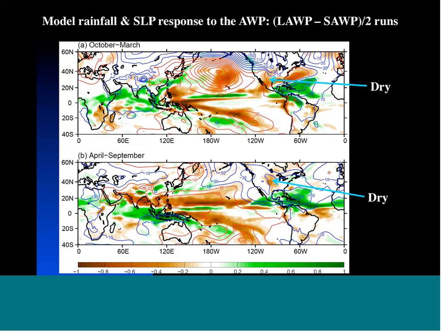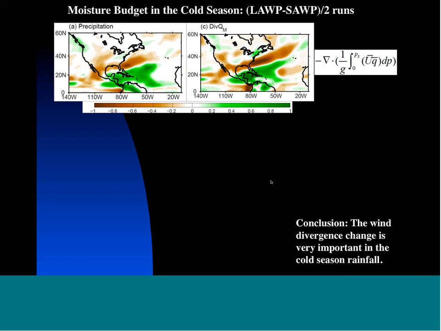However, during the warmer season, the rainfall pattern is a little bit different. You see the big difference is over central U.S., which means during the warm season, the rainfall over central U.S. is decreased. Then we also perform the moisture budget for the large warm pool and small warm pool runs.